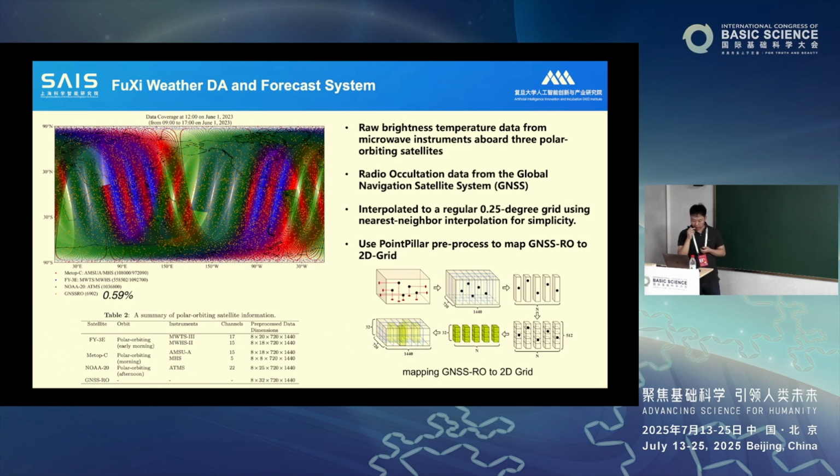Those data also have high resolution, so we have to interpolate them into a regular 0.25 degree grid to match the FuXi model resolution. And we use PointPillars pre-processing to map the GNSS data to a 2D grid. This PointPillars method is a very classical method in the pre-processing of point cloud data in computer vision.